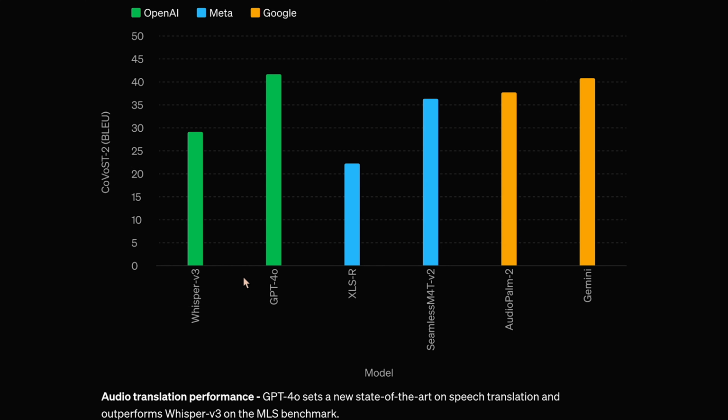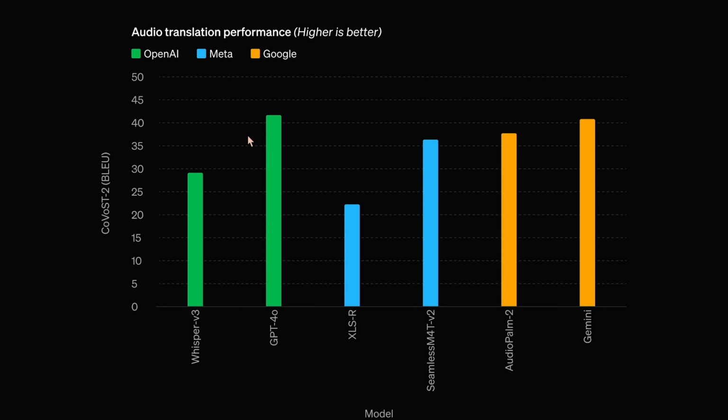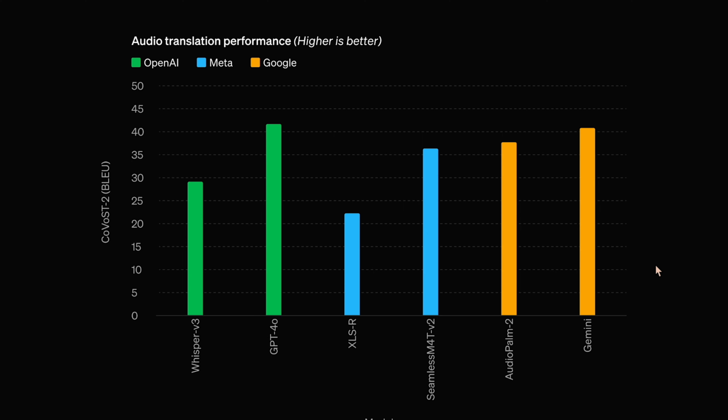And in audio translation performance as well, compared to Gemini, Palm, Seamless, or even the Whisper model, you can see that it is significantly better. I think Gemini is pretty close to GPT-4 Omni, but Omni is better, or maybe it's just a slight error, so you can consider it as maybe equal to Gemini. So this is the performance of GPT-4 Omni in audio translation.